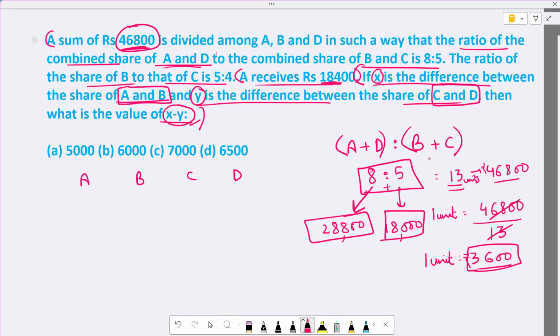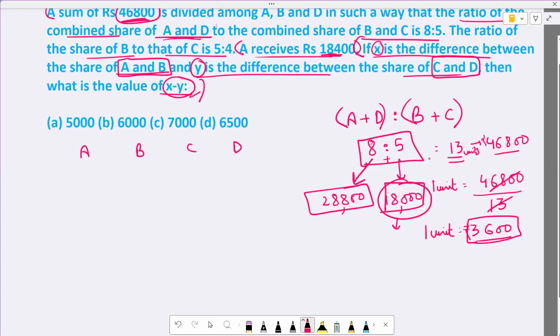Now, the relation between B and C is also given to us. The ratio of B to that of C is 5:4. Which means that out of this 18,000, we can find out how much B got and how much C got. It is 5:4. So 9 units will be equal to 18,000 rupees.